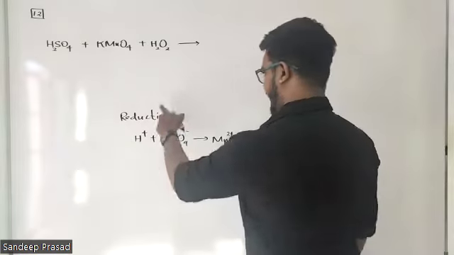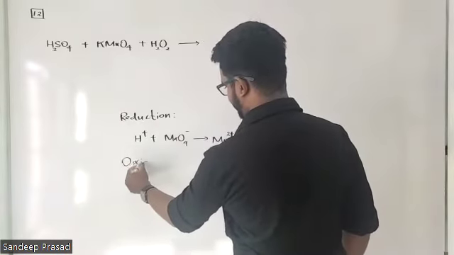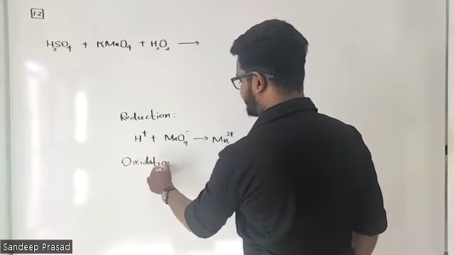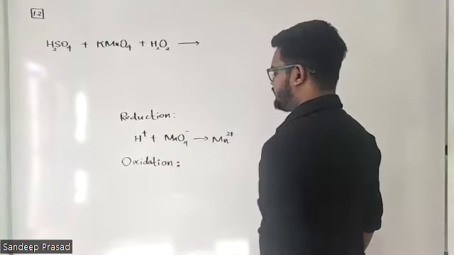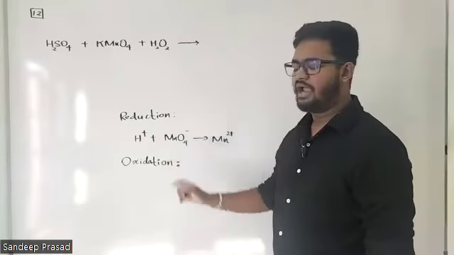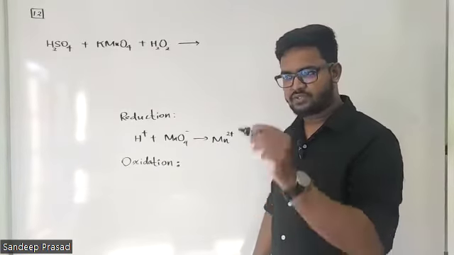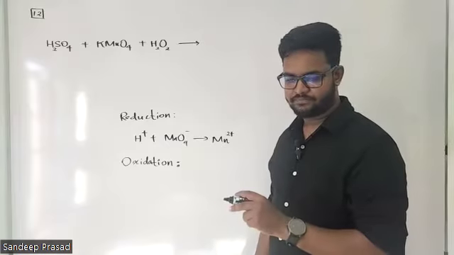And if manganese is reducing, then hydrogen peroxide should oxidize. This is what you have to understand here, because I gave you hydrogen peroxide in both the oxidation and reduction half reactions. You have to understand whether hydrogen peroxide is oxidizing or reducing.